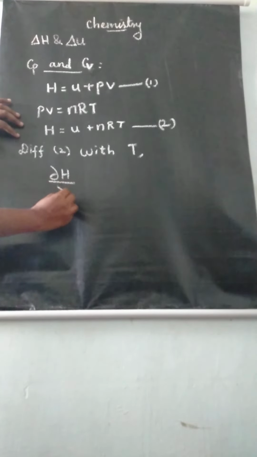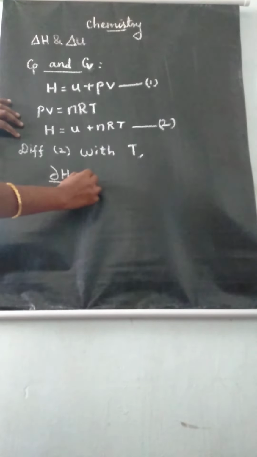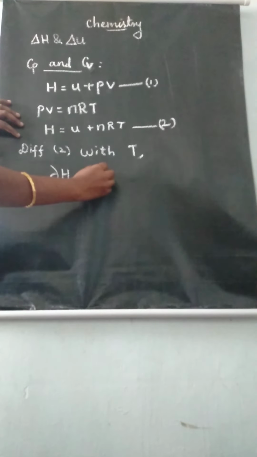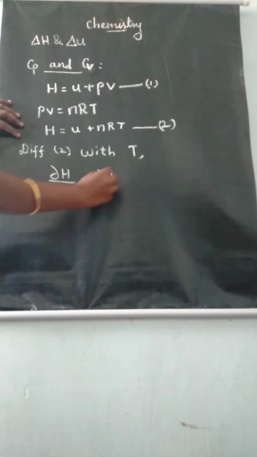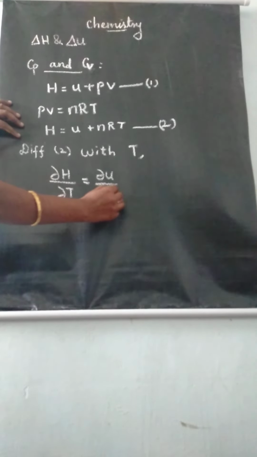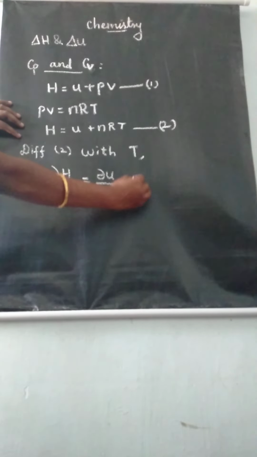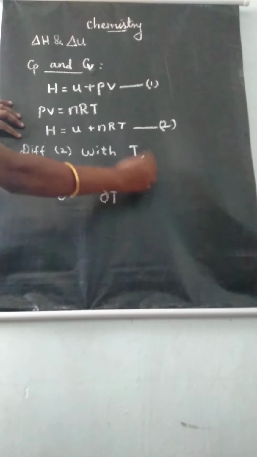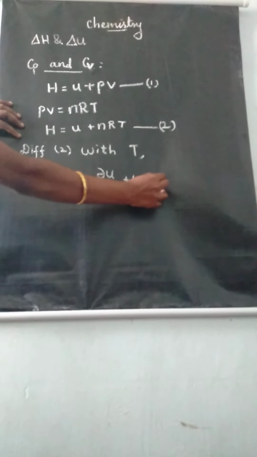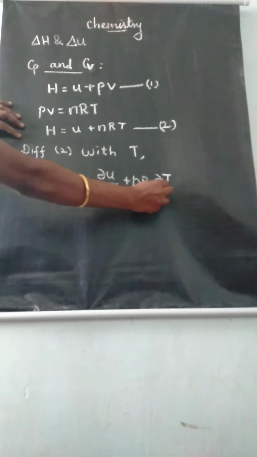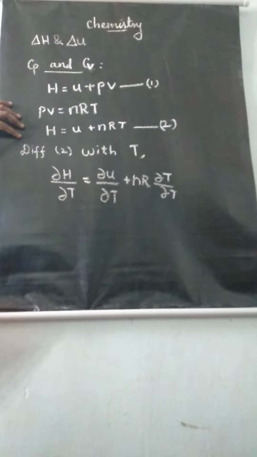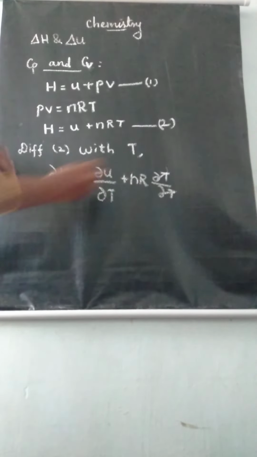So dou H divided by dou T is equal to, on the right side, dou U divided by dou T plus nR into T, so dou T divided by dou T. Understand? So you can cancel dou T and dou T.